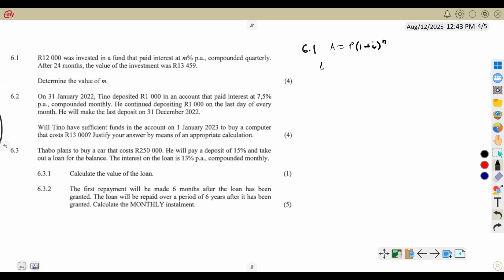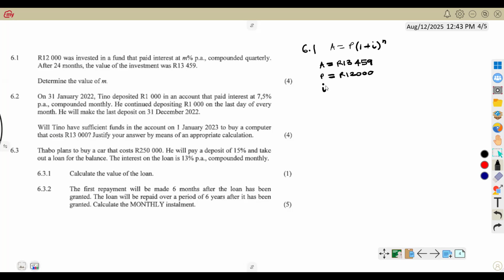Identify the variables. The A is equal to the accumulated fund, which becomes 13,459. Then the P is the initial investment, which is 12,000 Rand.